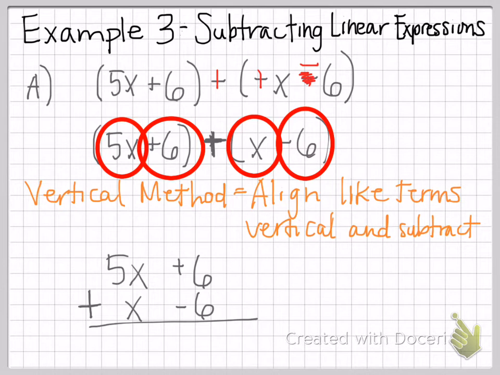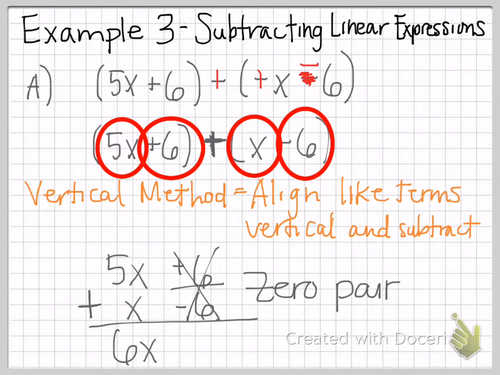So, what is 5x plus x? 6x. What is a positive 6 plus a negative 6? They cancel each other out. It's a zero pair. So, it's 0. So your final answer is 6x. Does that make sense?